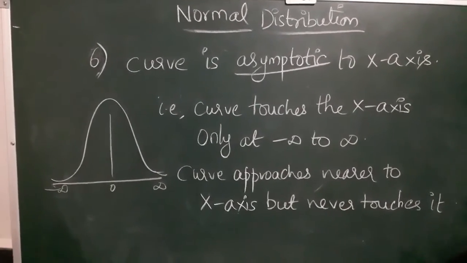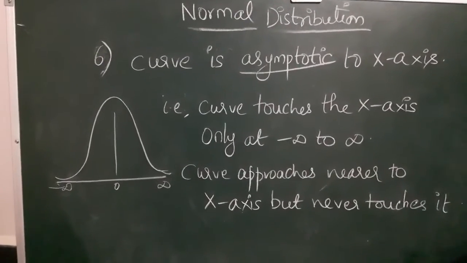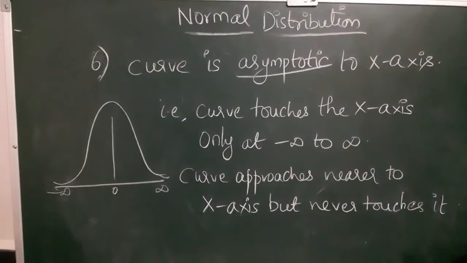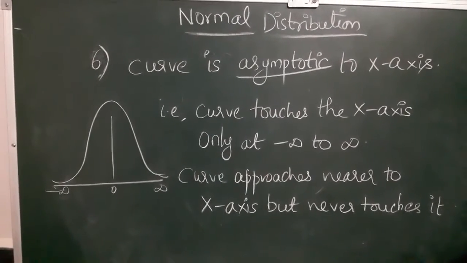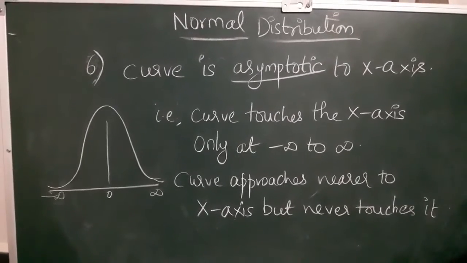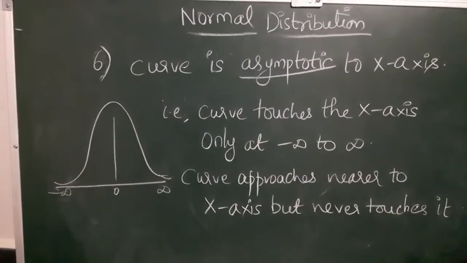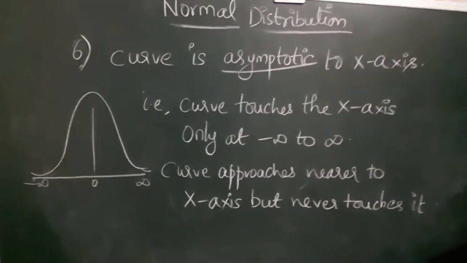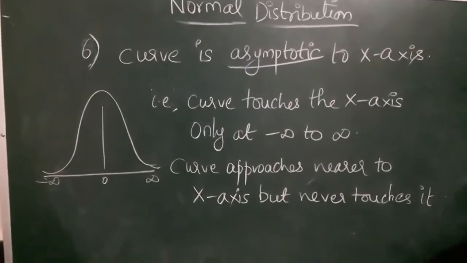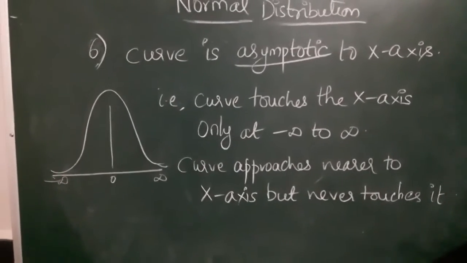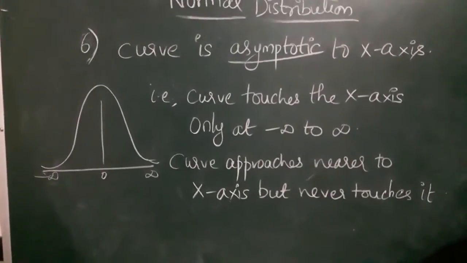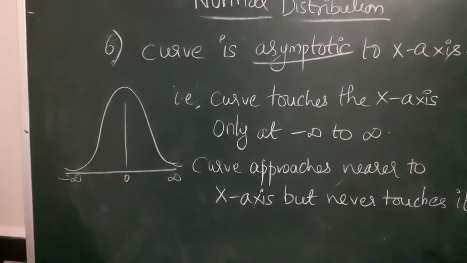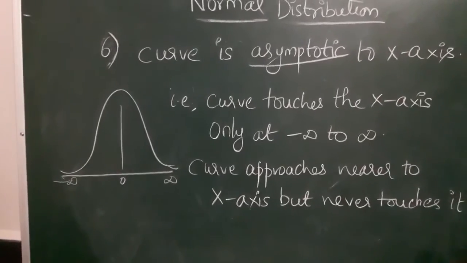Sir, you said the curve touches the x-axis only at minus to plus infinity, but you also mentioned that the curve approaches nearer to the x-axis but never touches it. See, it seems like touching the x-axis line, but it never touches. That is the meaning of asymptotic. Clear? So it looks like touching the x-axis line, but there will be a slight gap between the x-axis line and the curvature, if you observe, right?